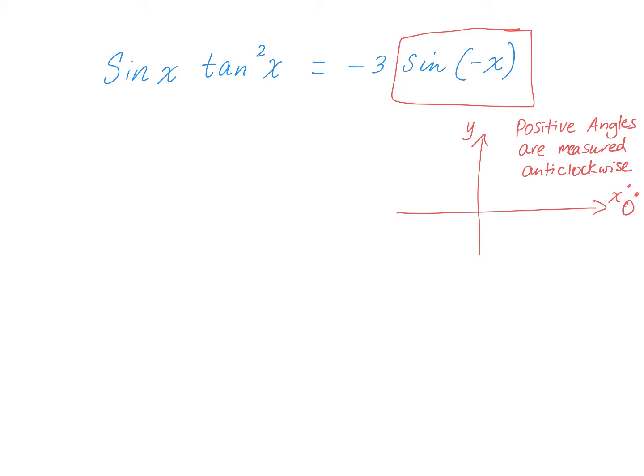If we were to move anti-clockwise, we would reach 90 and then 180 and so on. And if we were to move clockwise, we get negative angles. So if I draw a line starting from the origin, I get this angle over here. Let's name that negative x.